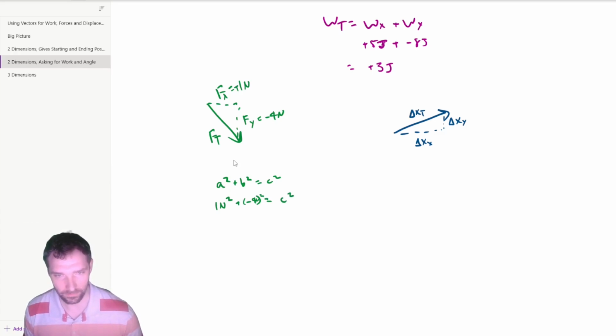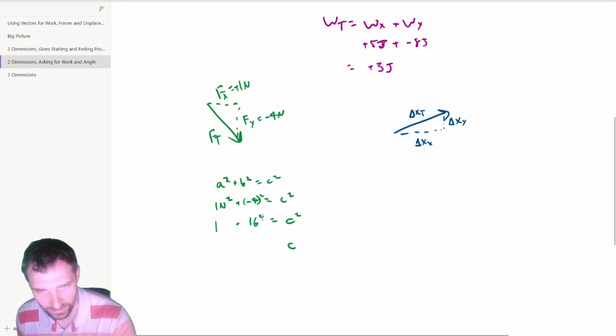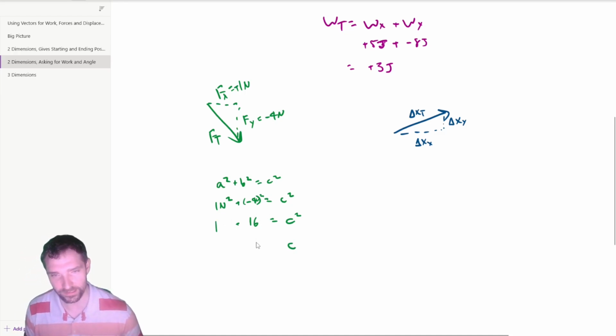So the 1 squared is 1 and the negative 4 squared is 16.